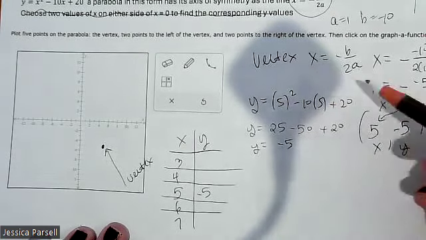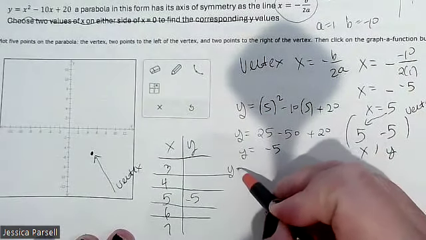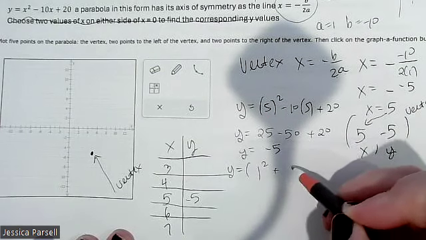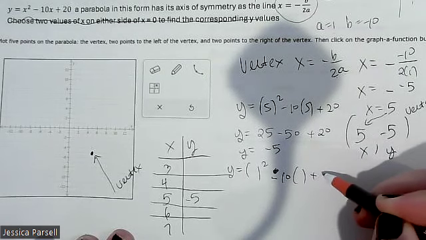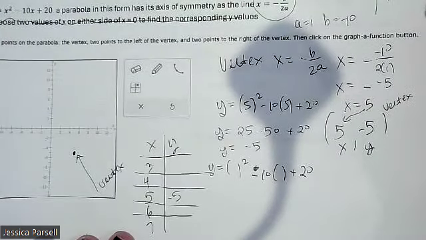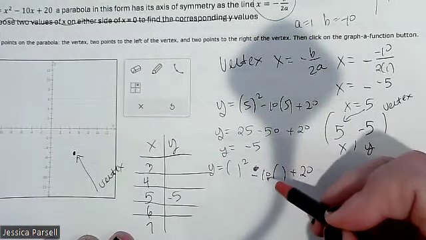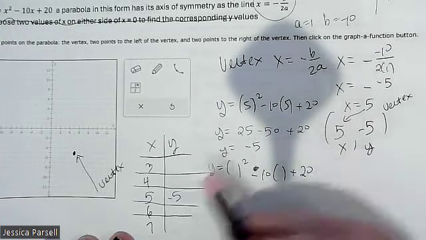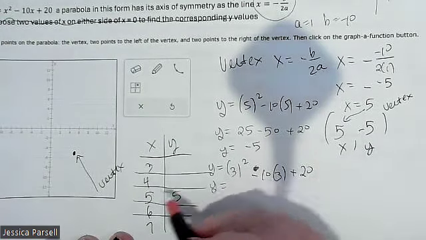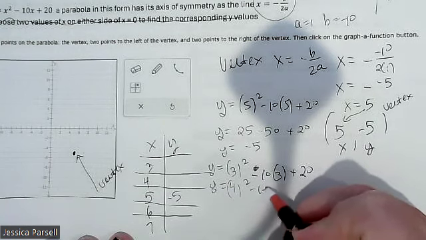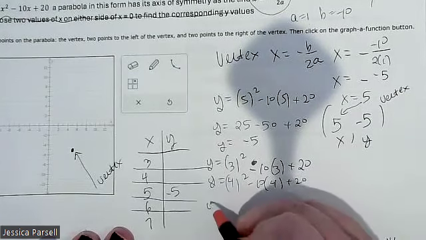We're going to write out this equation 4 times, and each time we write it out, we're going to leave room for the x. So the actual problem is y equals x squared minus 10x plus 20. So x squared minus 10 times x plus 20. So in this case, we're going to put a 3 in for x here and here. We'll do it again, but this time we'll put a 4 in for x. We don't have to do it for the vertex. We already know that.